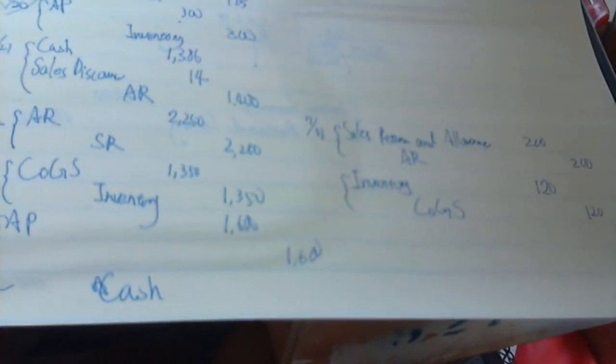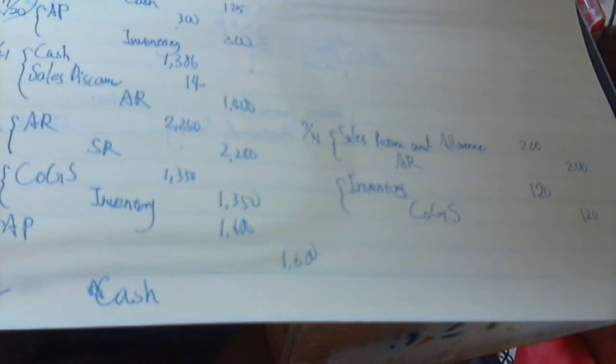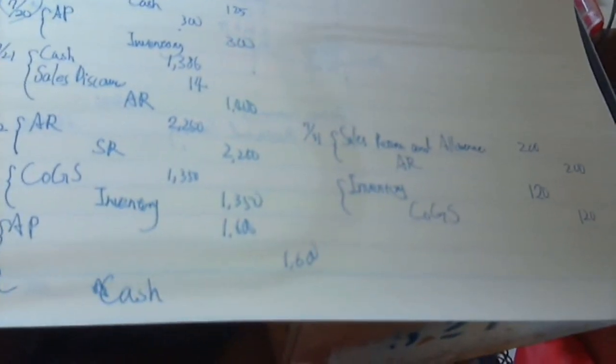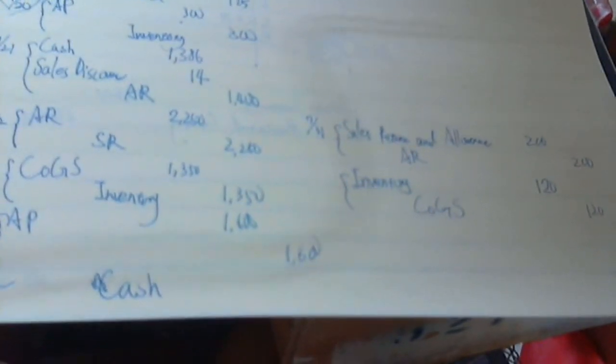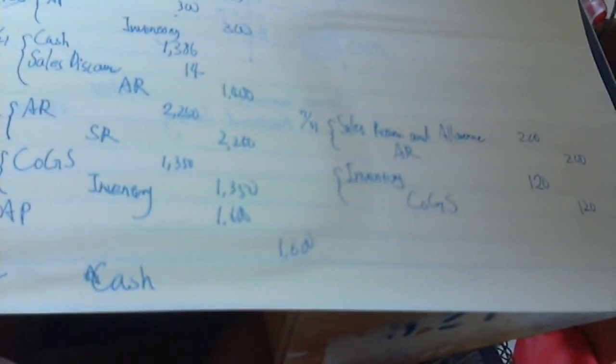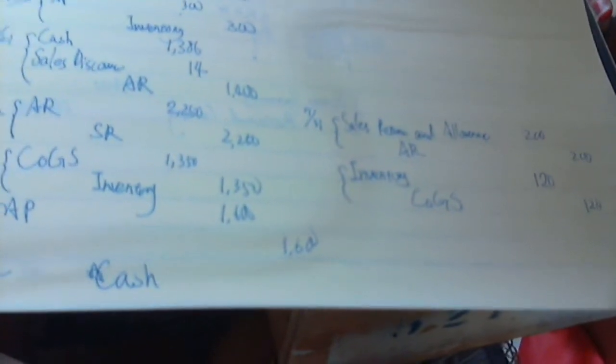I just want you to think about it in a different way. If you are doing the perpetual, only think about the perpetual and do adjusting on the inventory. But if you are doing the periodic, then we'll have another account to do it. Don't mix them up.